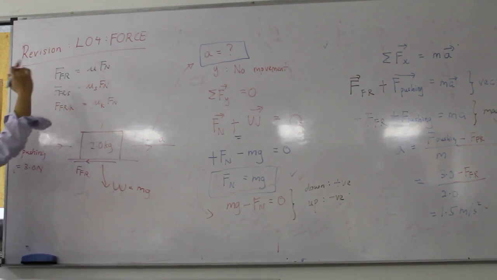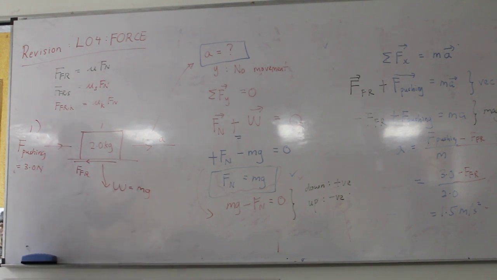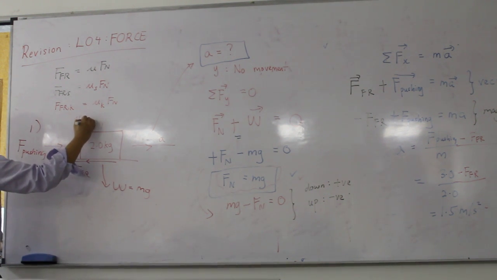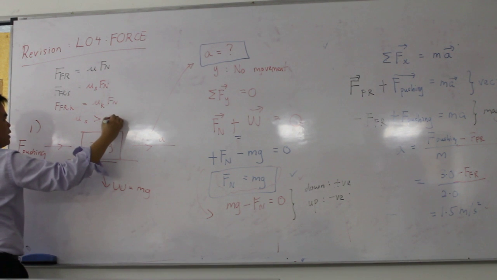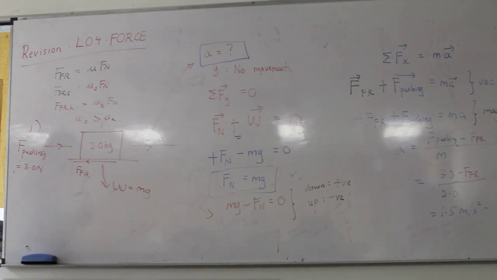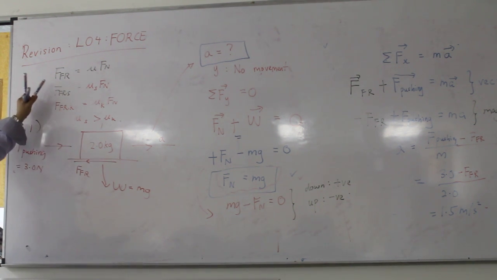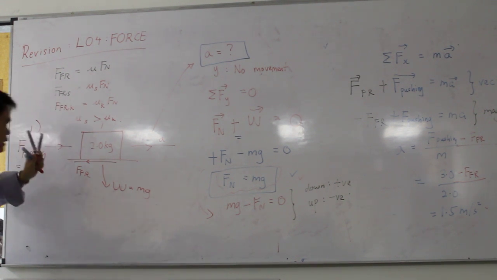Both have the same Fn, but mu S versus mu K: basically mu S is greater than mu K, no matter how. Which means that if the object is static, then the frictional force is normally larger than the kinetic force, and it depends.